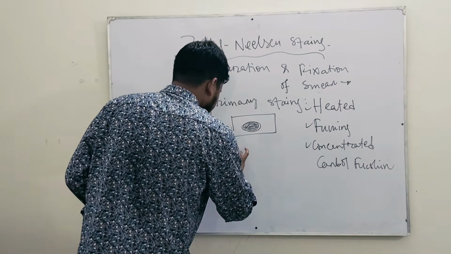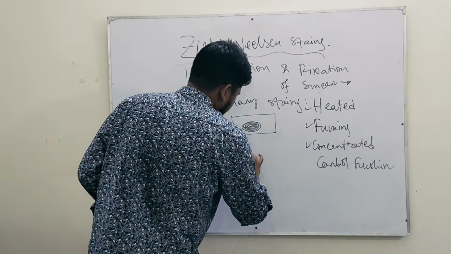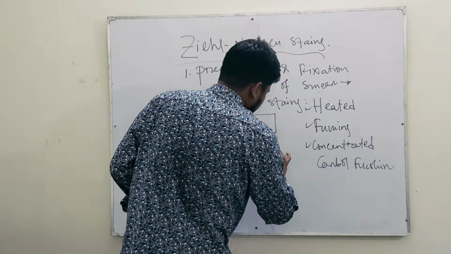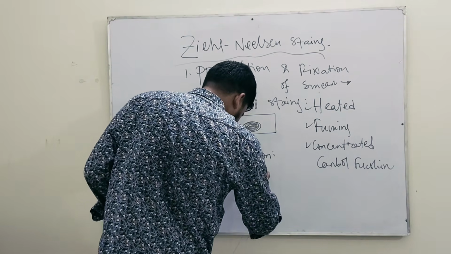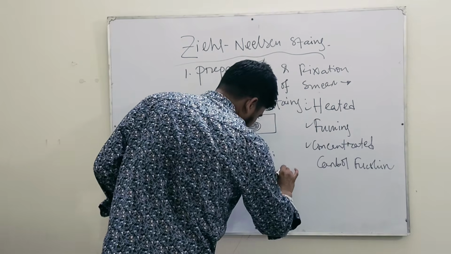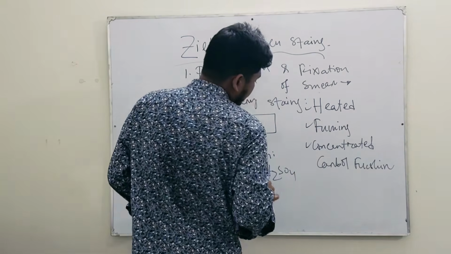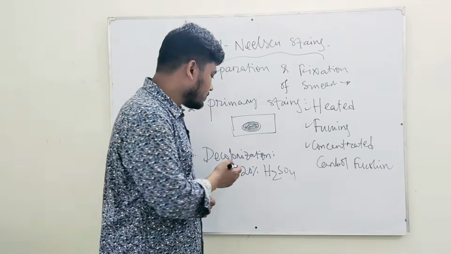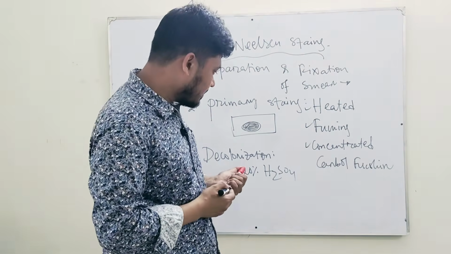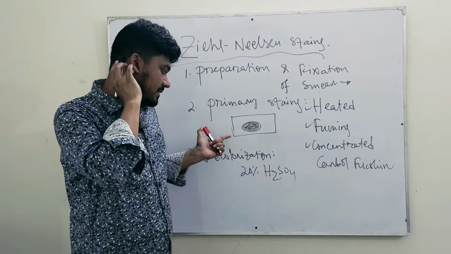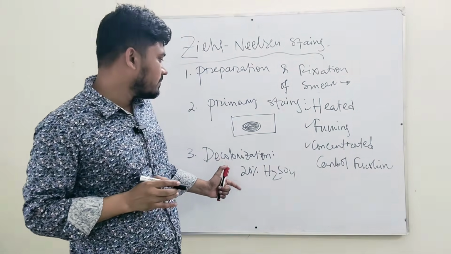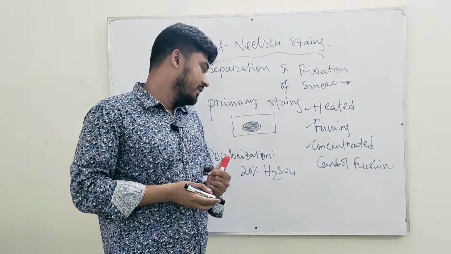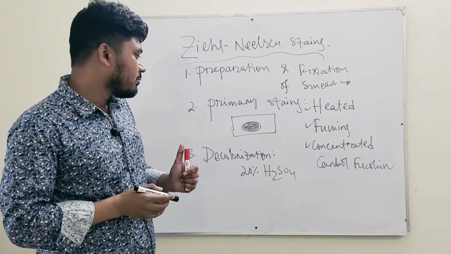Then decolorization. In case of Mycobacterium tuberculosis, we use 20% sulfuric acid for decolorization, and we cover the smear with 20% sulfuric acid for 1 minute and then wash with tap water.